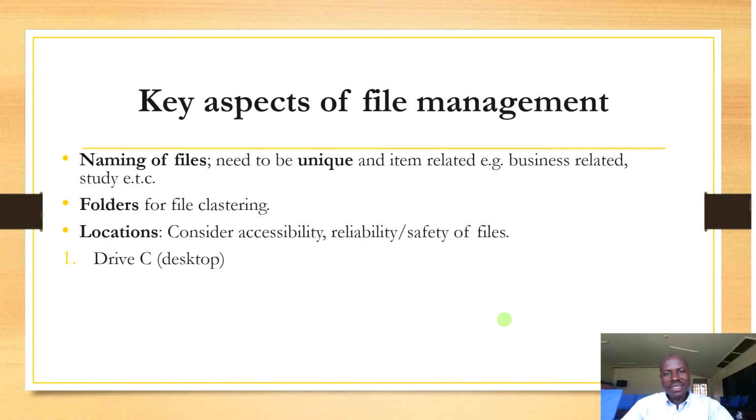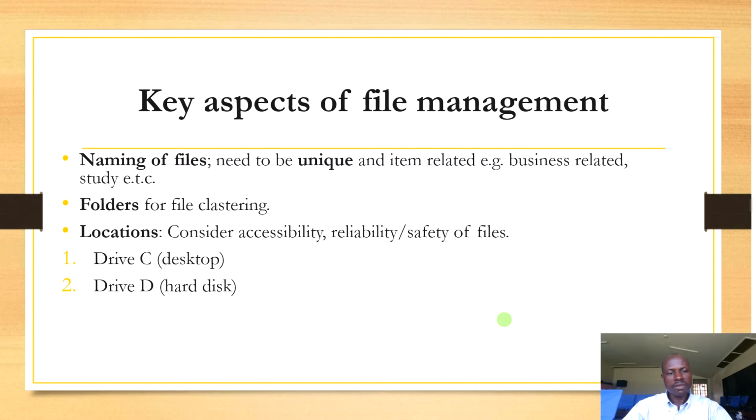So there are various places we can save our files. The most common is the drive C, which we often call desktop. So every file you save on a desktop is saved in drive C. This one is easy to access but risky. Should you format your machine, all that goes. Should your machine develop any software issues, that information gets lost.